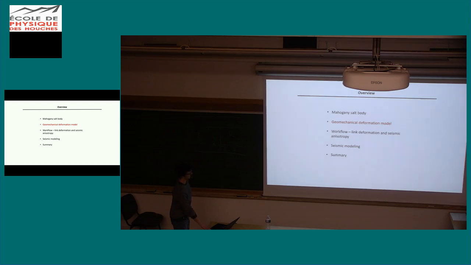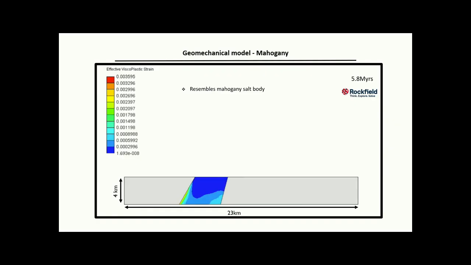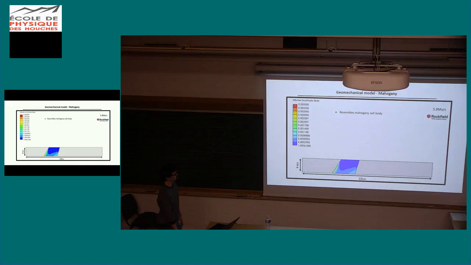As I said, we then tried to build a deformation model of the Mahogany salt body in the Gulf of Mexico. That is what I did in my time at Rockfield, and we did a very simple setup.